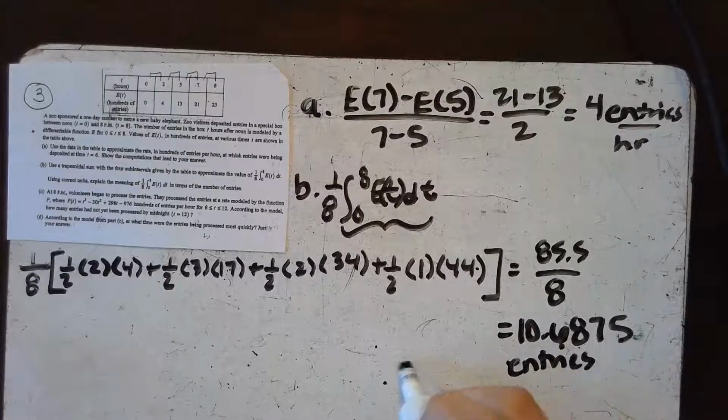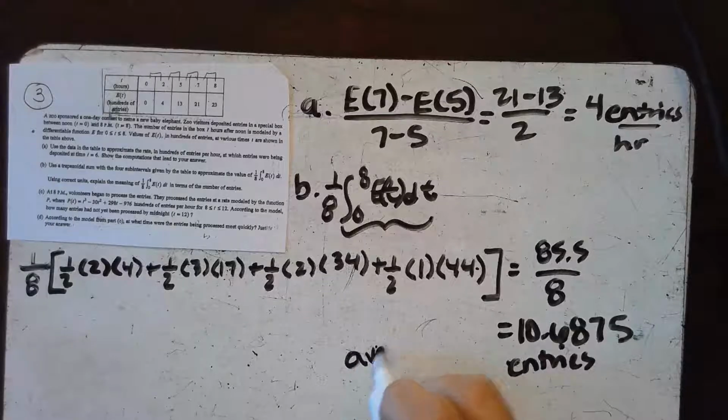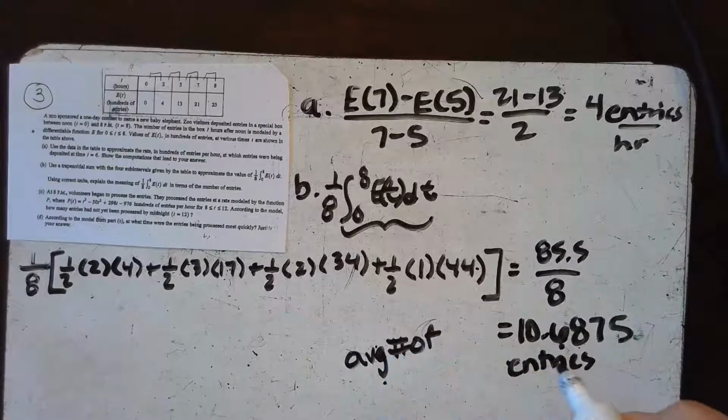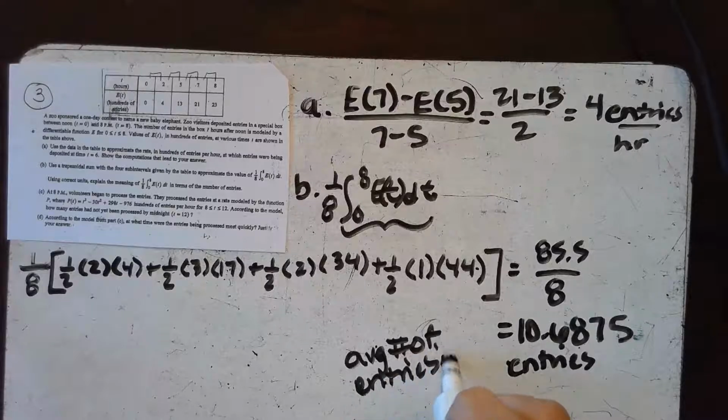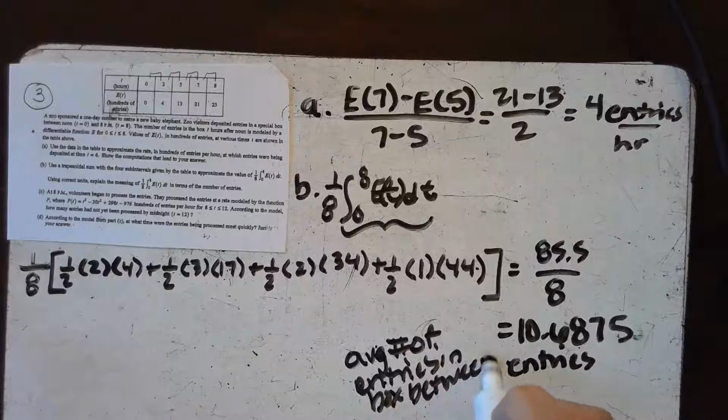So this is basically the average number of entries in the box between, and remember 0 was noon, between noon and 8 p.m.